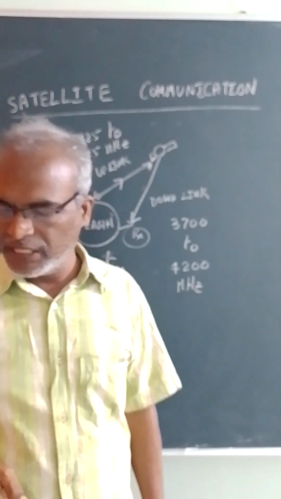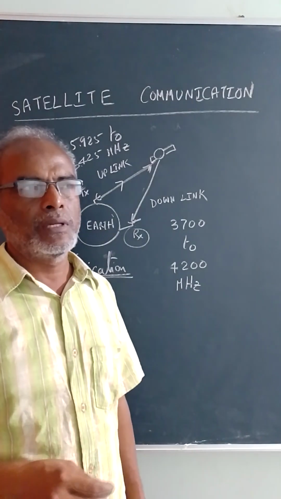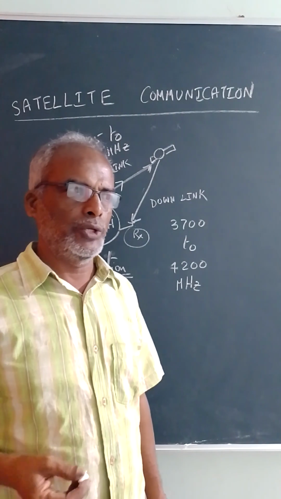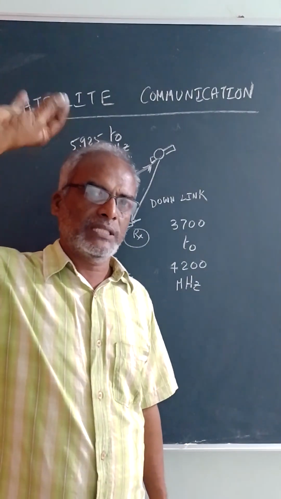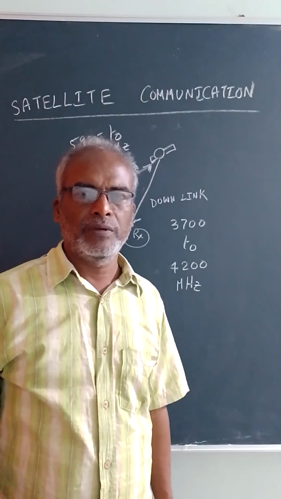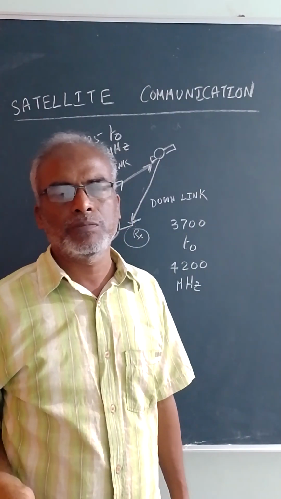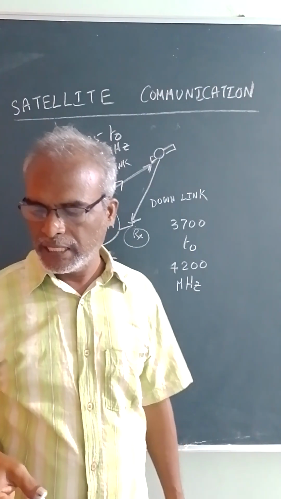That is communication satellites. For example, if something is happening in the US, that information can be uplinked to the satellite, and we can see it in India. That is easily possible with the help of communication satellites.